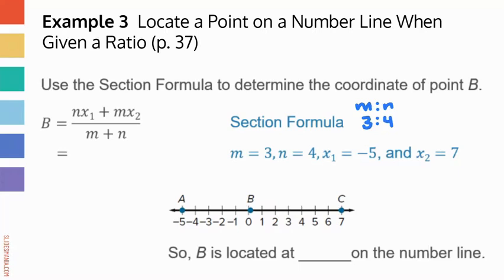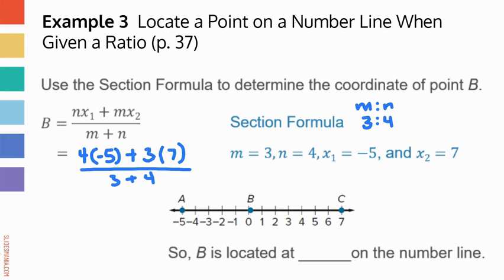So we substitute 4 times x1, which is -5, plus 3 times x2, which is 7. And on the bottom, we have m, which is 3, plus n, which is 4.